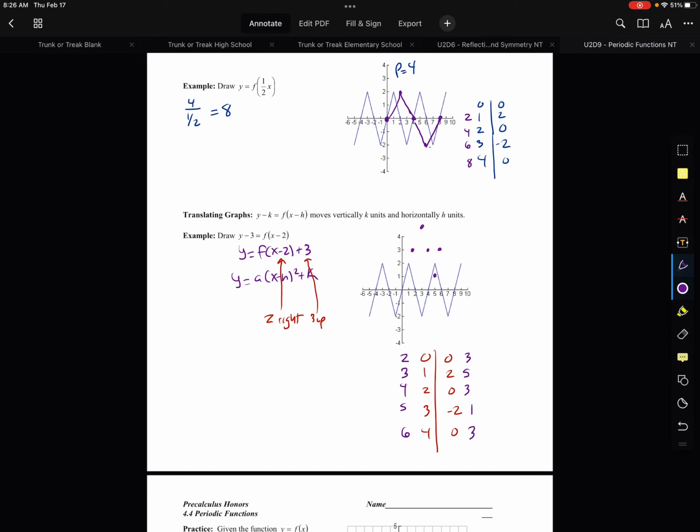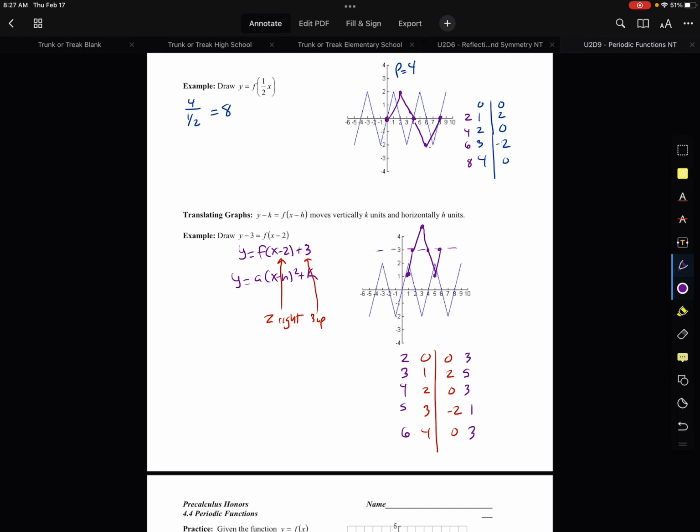So if we have, in this case, (2, 3), that also means if we go back the other way, now our midline's at 3. We're going above and below our midline. So I would have (1, 1), and the graph would continue on.